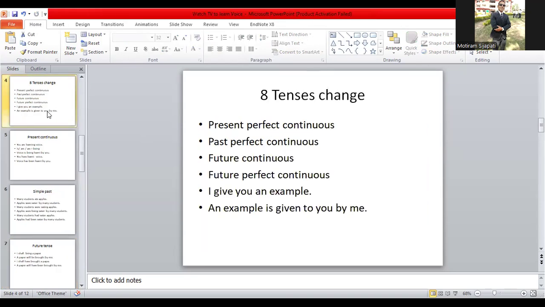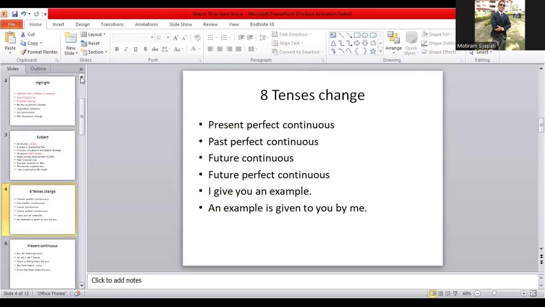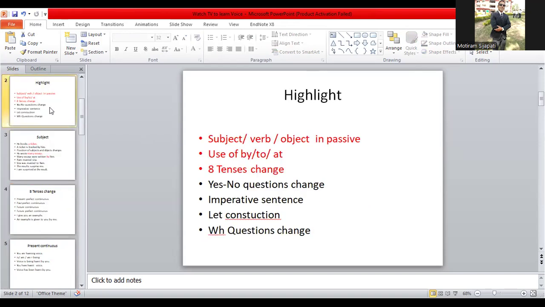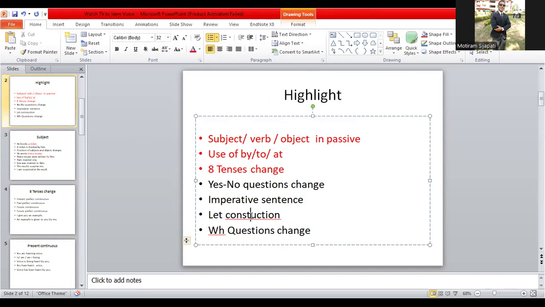Next, let me go to the highlight of what we are going to talk about. Then I'll say here: yes/no question in the imperative let construction. So here: let him call the police. Let the police be called by him. Okay?